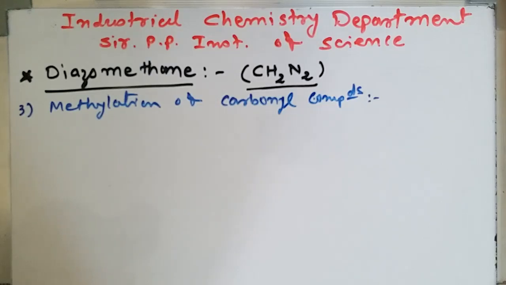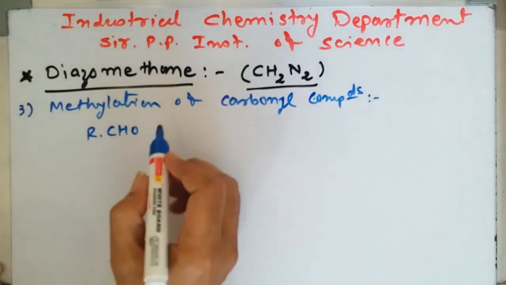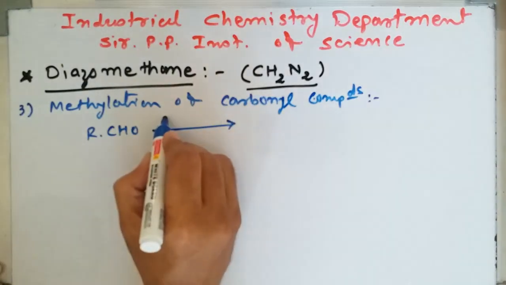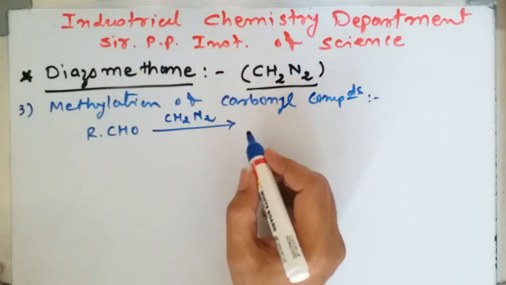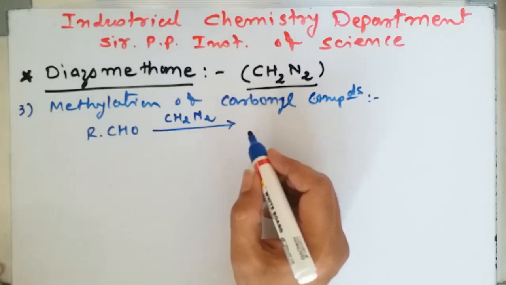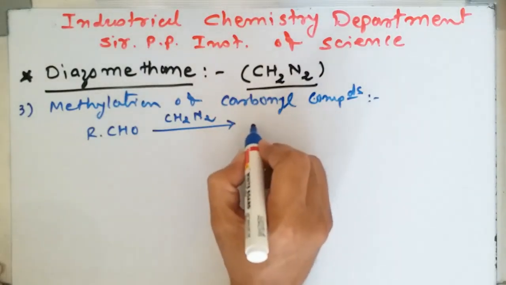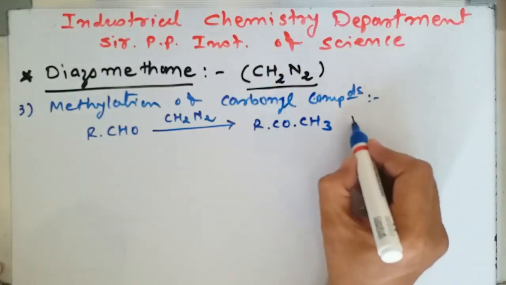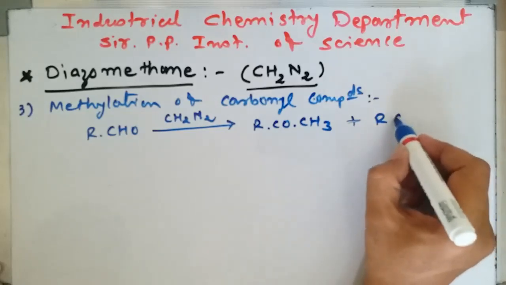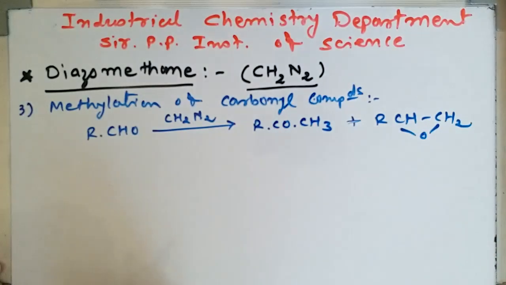For example, one aldehyde compound RCHO is treated with diazomethane, then the carbonyl group is affected and gives ketones and ethylene oxide. So RCHO is converted into RCOCH3, this is the ketonic group, and RCHCH2O, this is ethylene oxide.